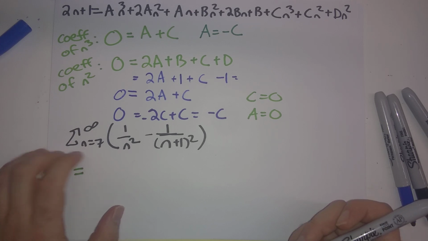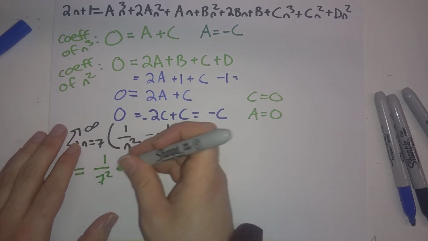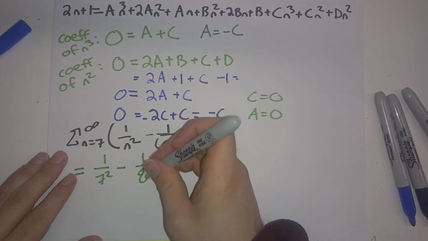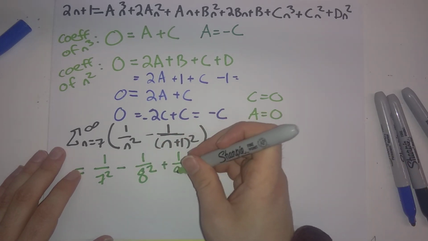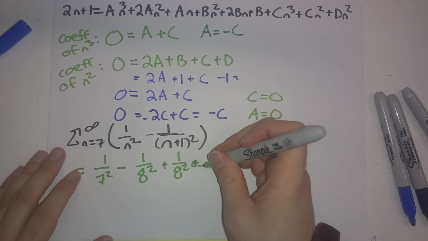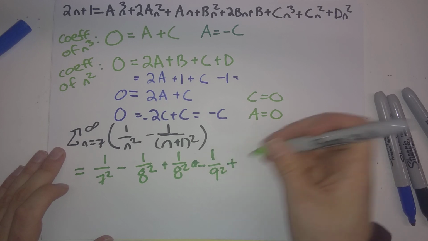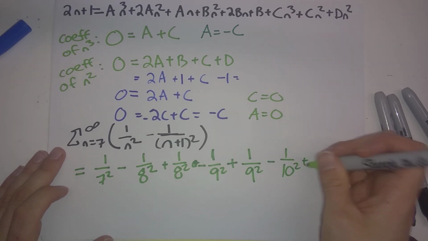Starting at n is equal to 7, we're going to get 1 over 7 squared minus 1 over, 7 plus 1 is 1 over 8 squared. When n is equal to 8, that's 1 over 8 squared minus 1 over 9 squared. When n is equal to 9, this will be 1 over 9 squared minus 1 over 10 squared.